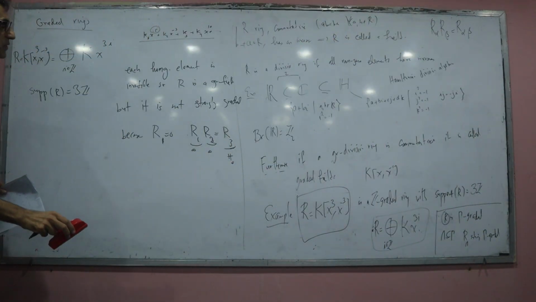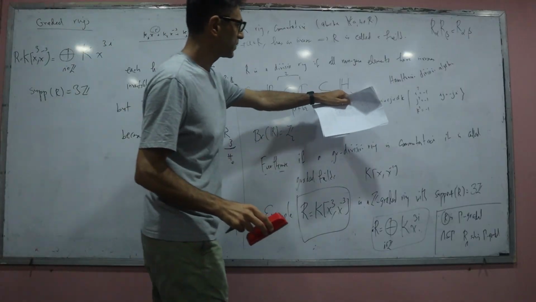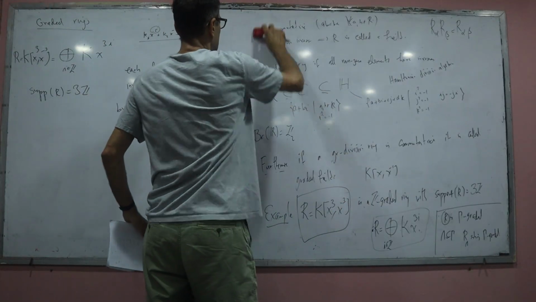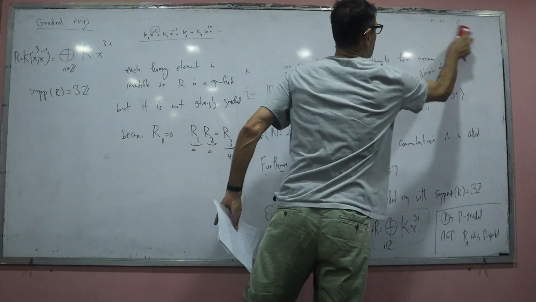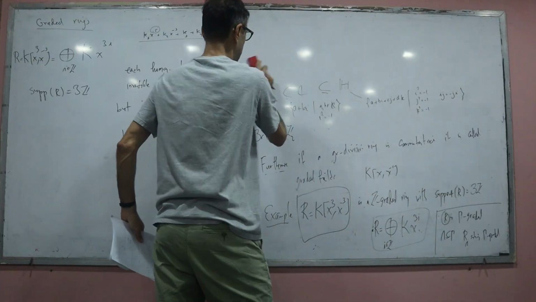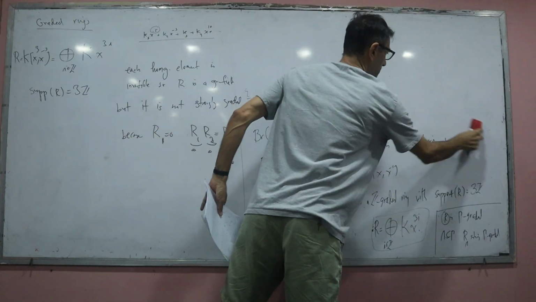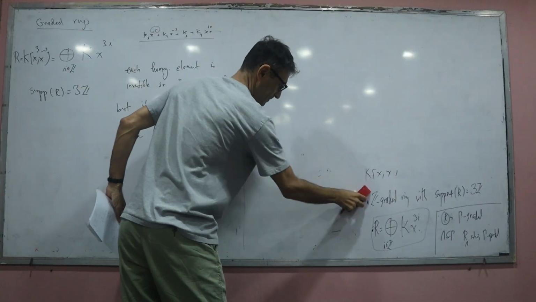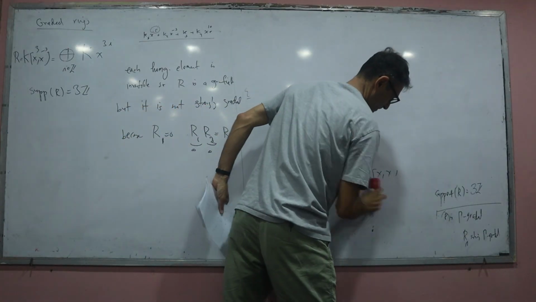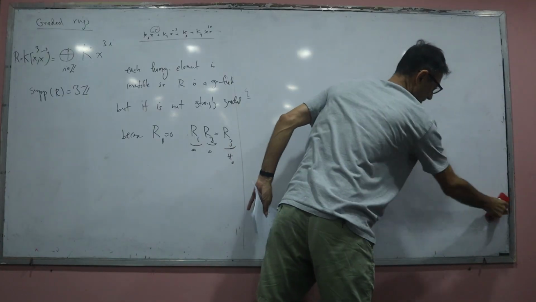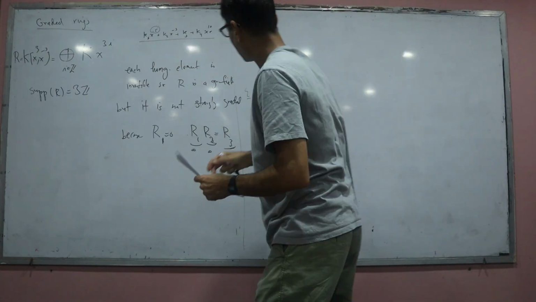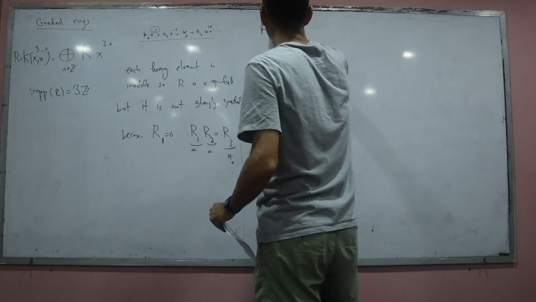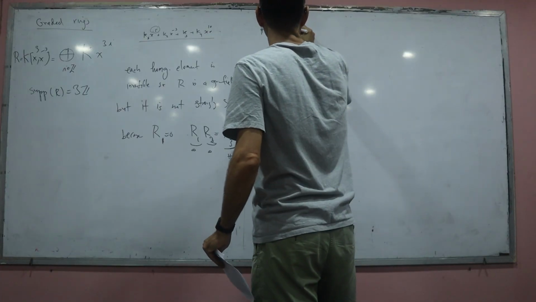So now let's do some examples. Let's look at the Hamiltonian division ring.